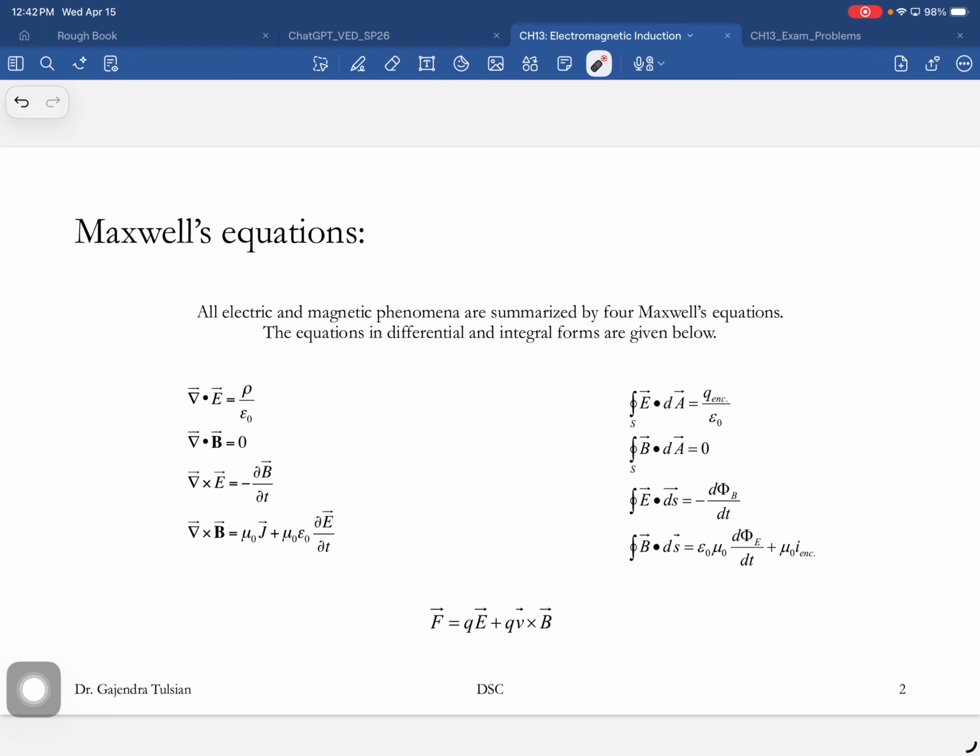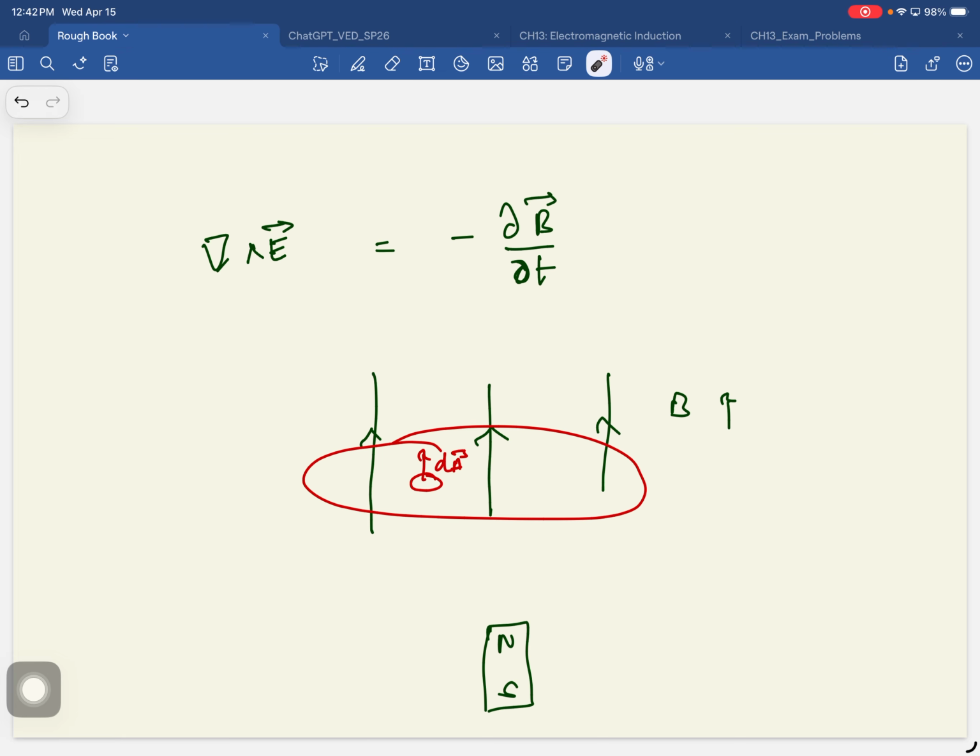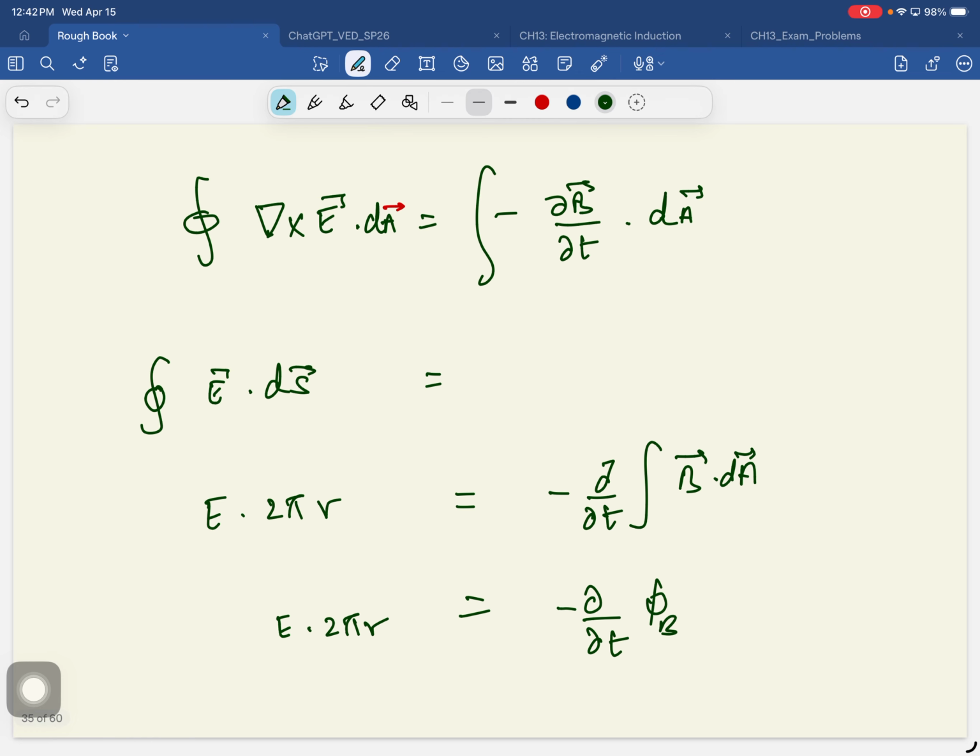Now, the character of this electric field, like I said, this electric field looks like this for this configuration. The electric field is tangent to the circle. And the line integral of this electric field is non-zero.